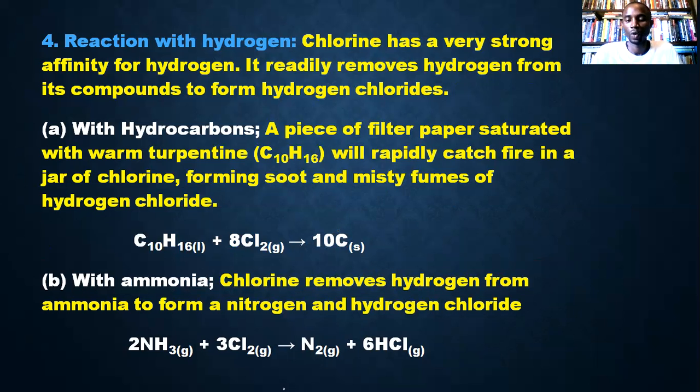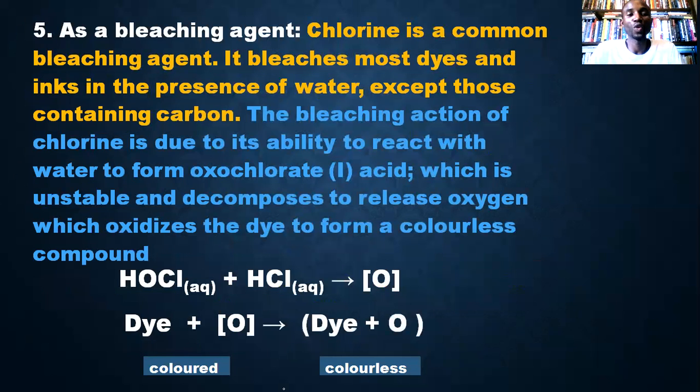Okay, one of the chemical properties is its use as a bleaching agent. Of course, chlorine is a powerful bleaching agent. Chlorine is commonly used as a bleaching agent, and it bleaches most dyes and inks in the presence of water, except those that contain hydrocarbon, that contain carbon.